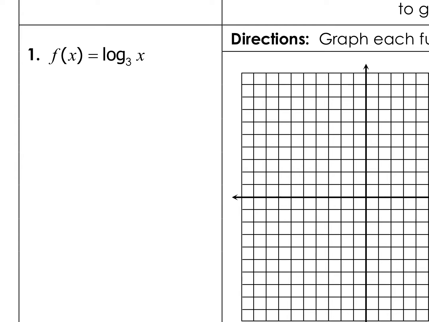If we're graphing log base 3 of x, the exponential function was base 3. In this case, that's his y value. So that would have been the exponent equals to x.